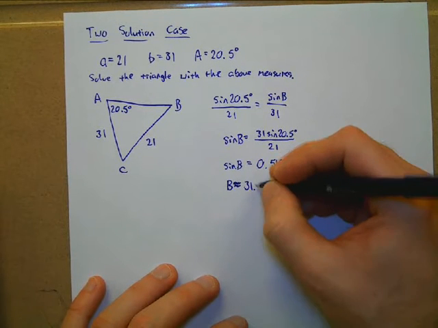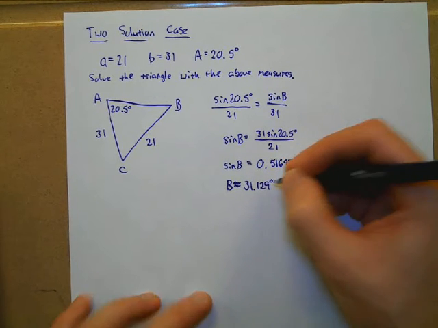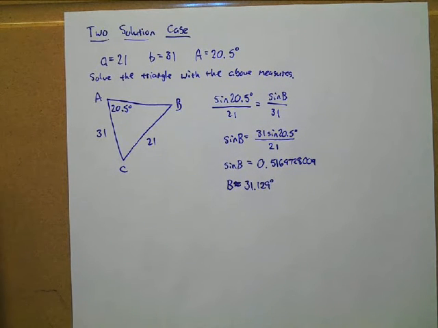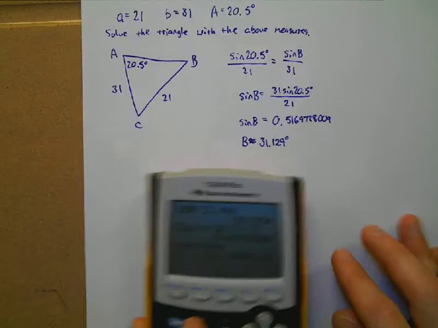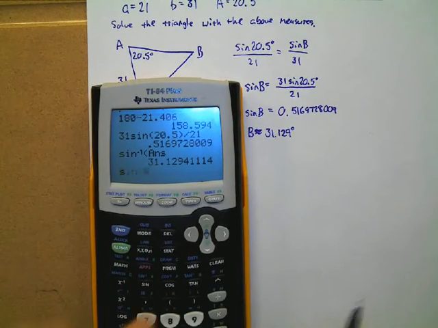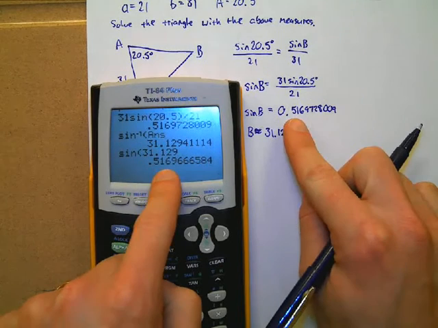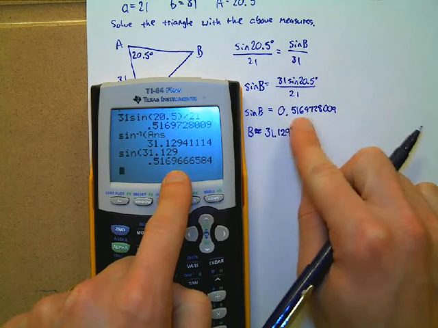If I take sine of that 31.129, I hit enter, I get like 0.516966, which is very close to 0.516972. Because I rounded this number, it's not quite the same as that, but it's pretty darn close. So that's the idea. Sine of this angle will give me that ratio. That's how we got that in the first place. We did sine inverse.